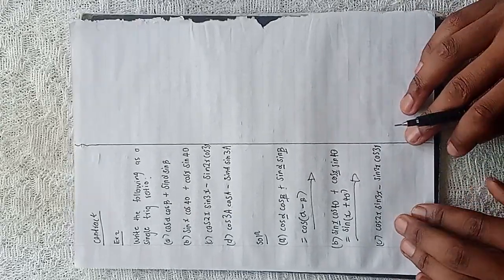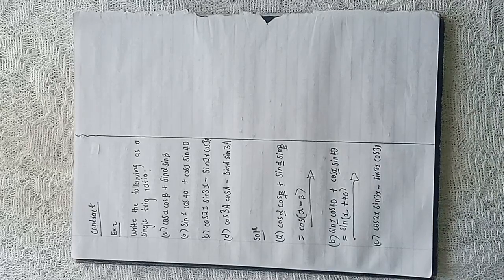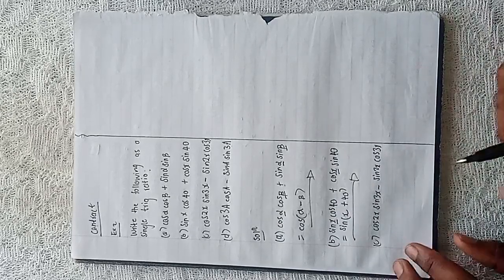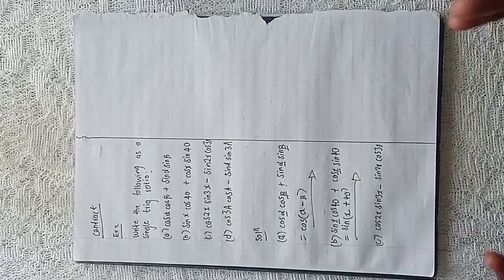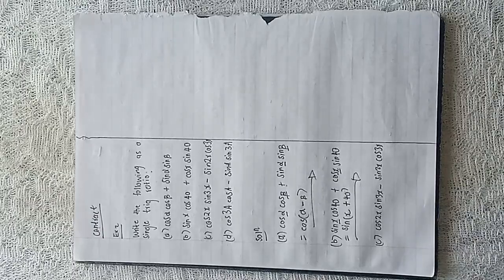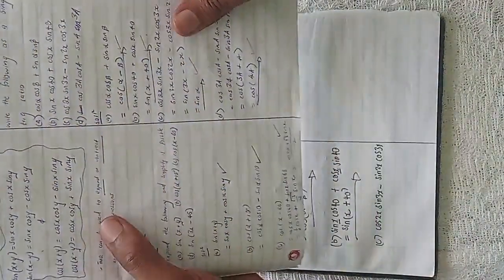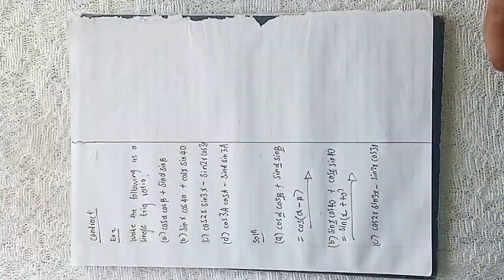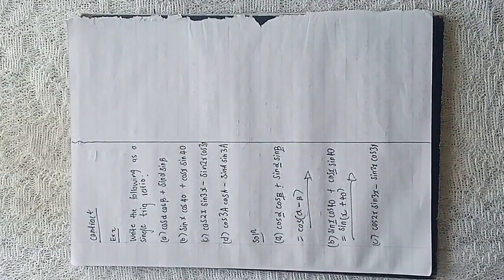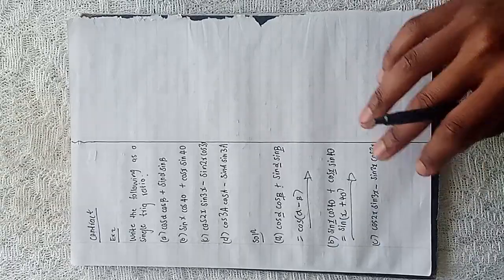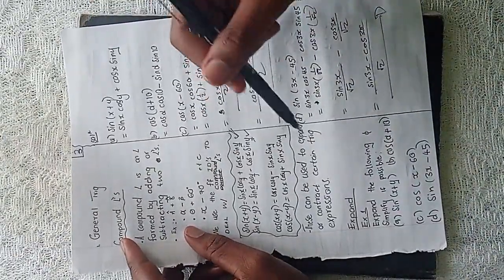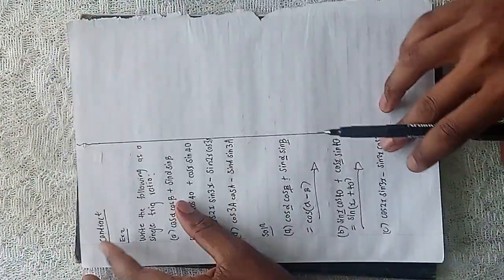When I'm looking at this one, I know my compound formulae by heart, so it's easier for me to solve this. There's no need for me to always be going back to my formulae and looking at which one will help me. So I know them by heart.